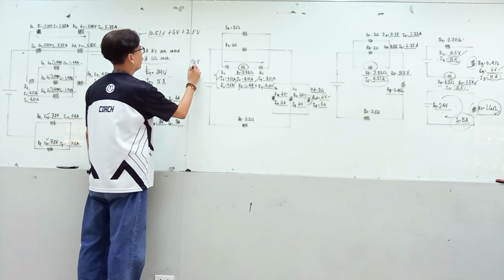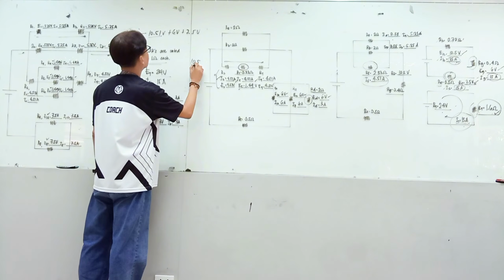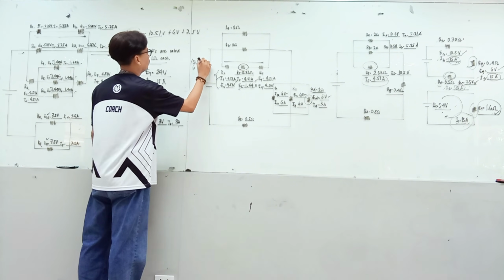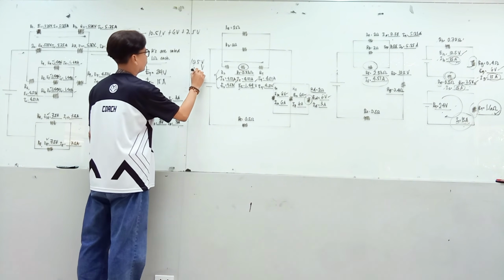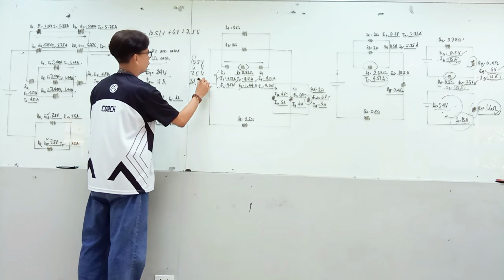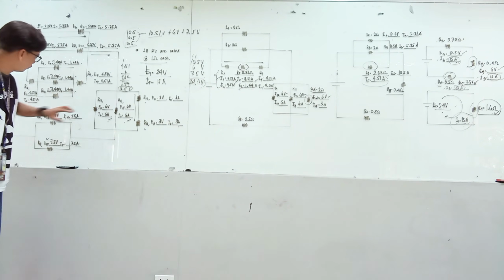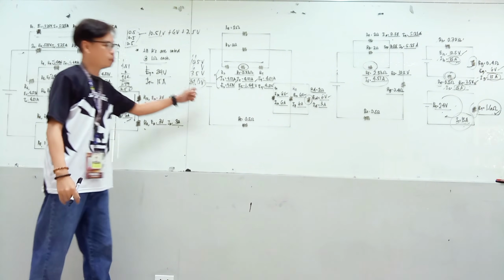So 10.5 plus 6 volts plus 7.5 volts, we have 24 volts. Yun. Okay? So pag pinagsama mo total voltage nito, we get 24 volts.